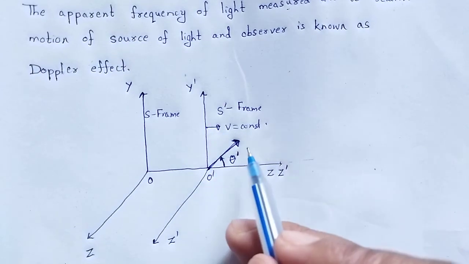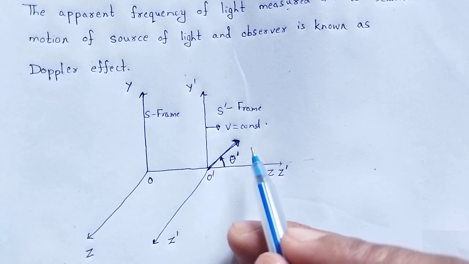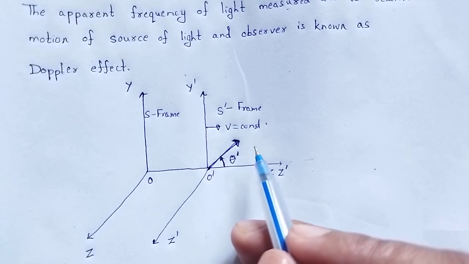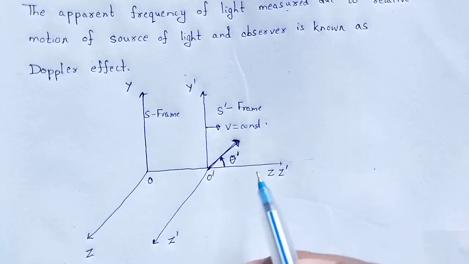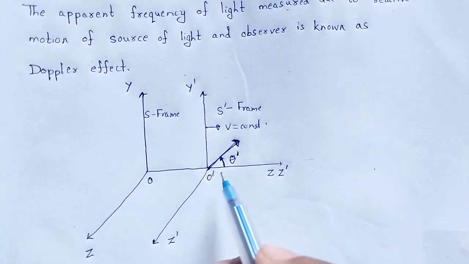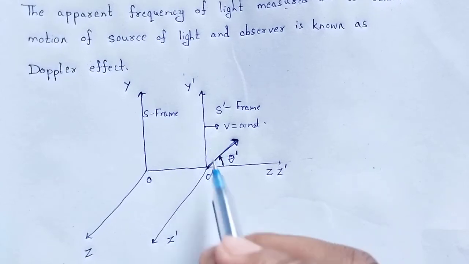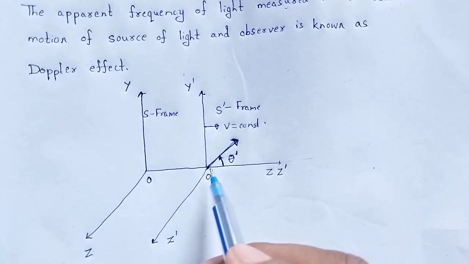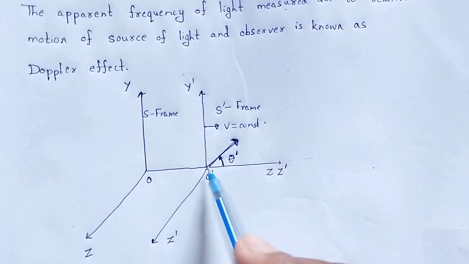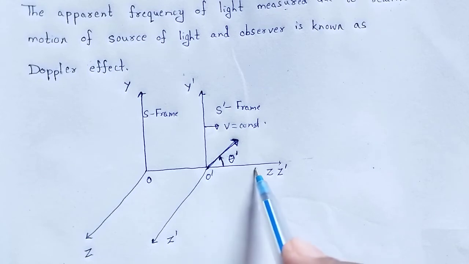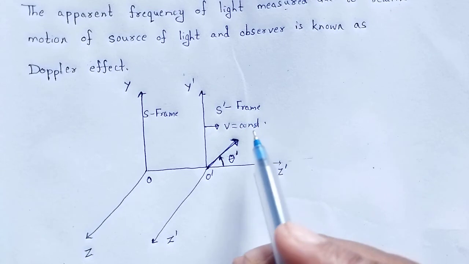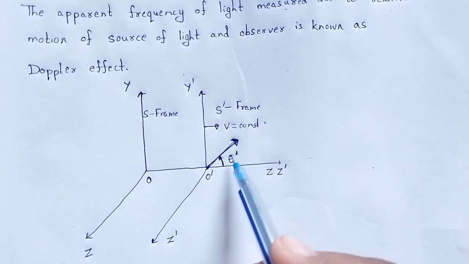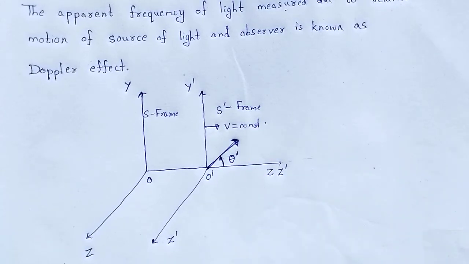Again I repeat, a plane monochromatic light wave of unit amplitude is emitted from a source at the origin of the S dash frame, and the rays are in the x dash y dash plane making an angle theta dash with the x dash axis.